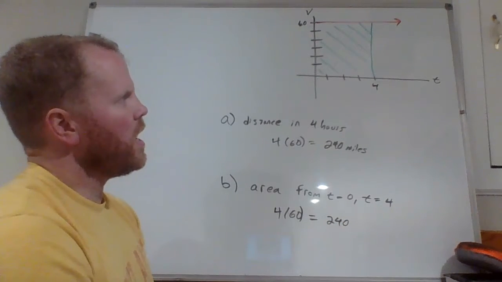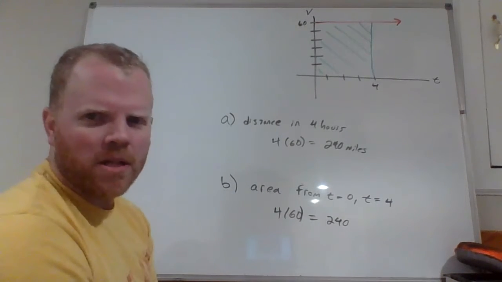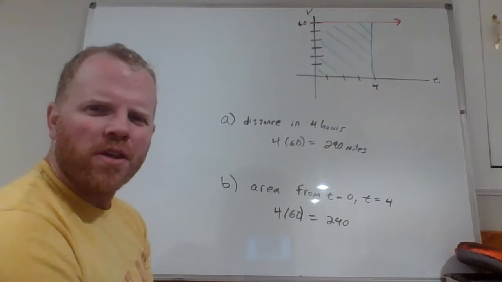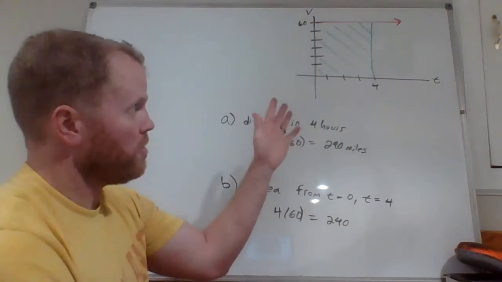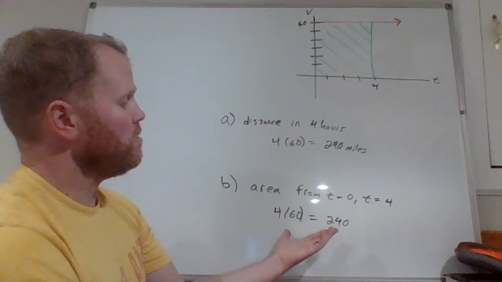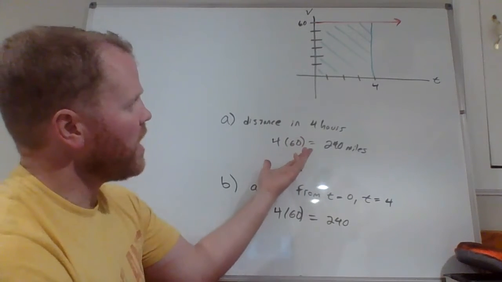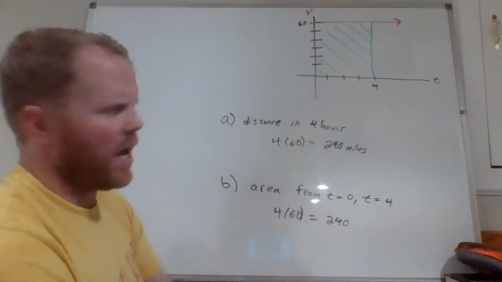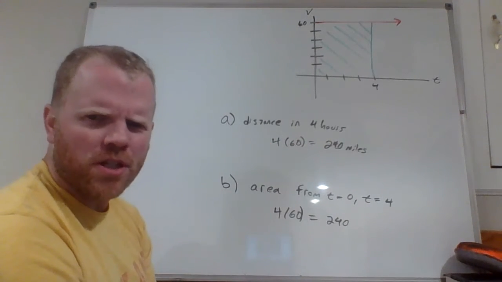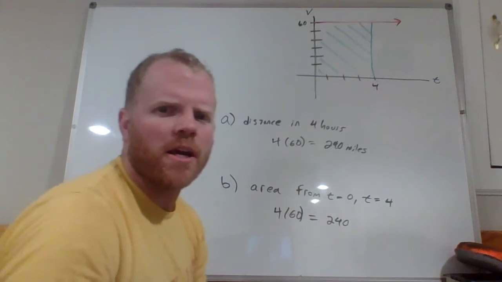So once again, we're getting back the same answer, which we should, because you know the FTC and you know the integral gets you area, and you also know that the antiderivative of velocity is position, so we should be able to get some values back here.